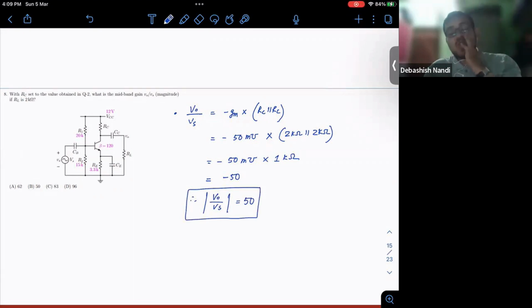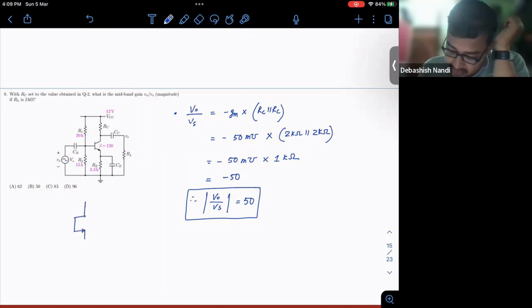You can see how RL is affecting the gain. If your load resistance is not infinite, the gain of the amplifier reduces. Did you get that? Suppose the input impedance of your next stage, or your load, is infinite, which is the case for a MOSFET.